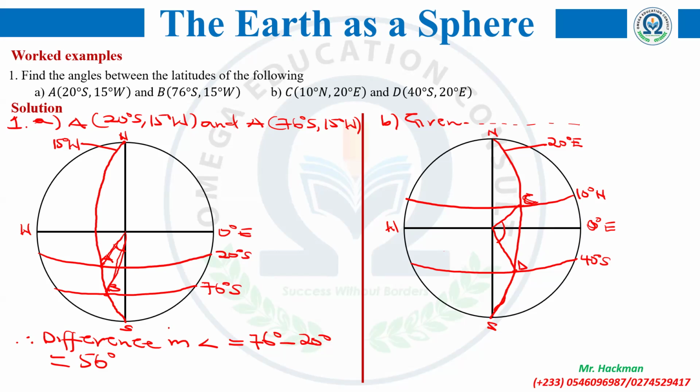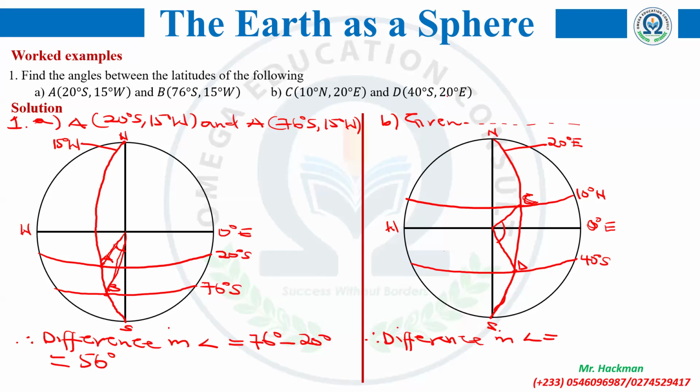Yes. Okay, very good. So now in this case, we are going to write, therefore, difference in angle will be equal to, so now this one too, they have a common longitude, so we have to use their latitude. But the latitude, if you look at it carefully, are they in the same direction or opposite direction?